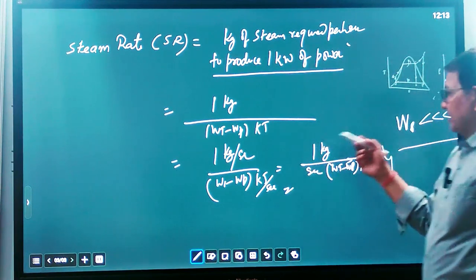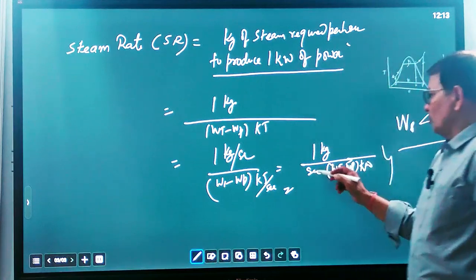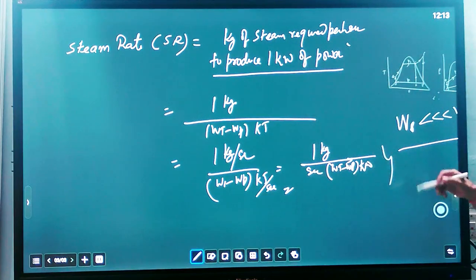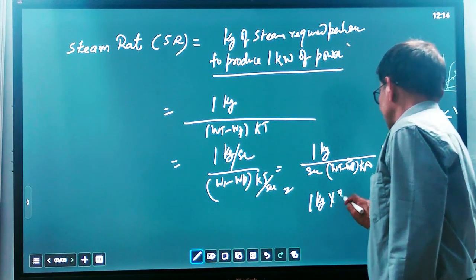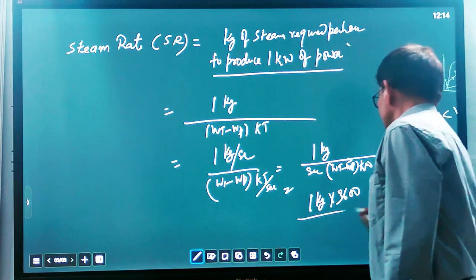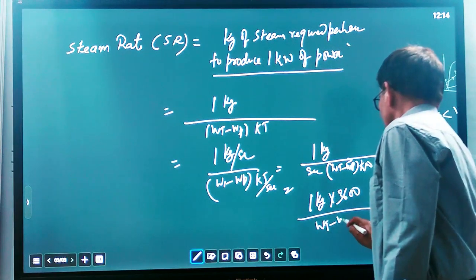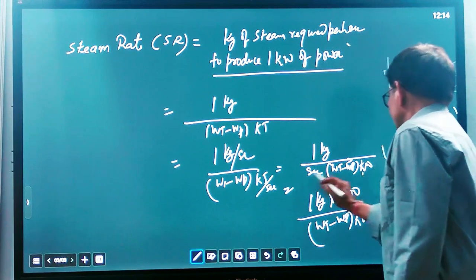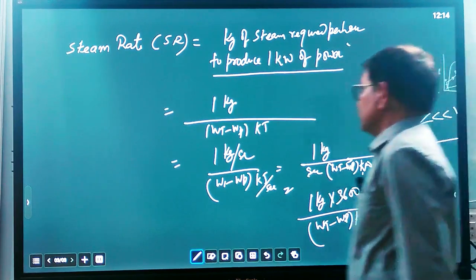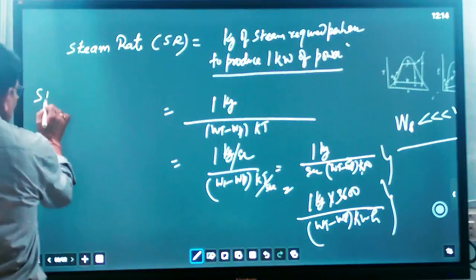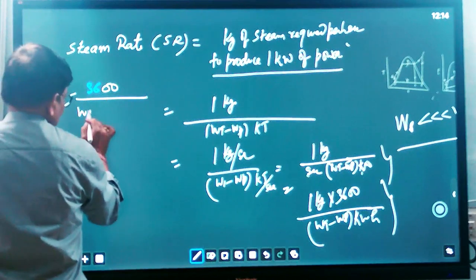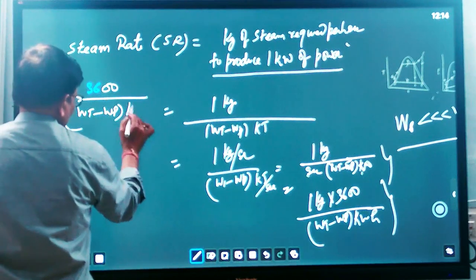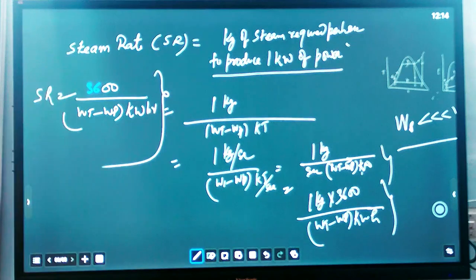Multiply by 3600, because we have to find this value in hours; 1 hour equals 3600 seconds. Here it was kilowatt second, now kilowatt hour. So steam rate is defined as 3600 upon WT minus WP kilowatt hour. You can use this equation for finding the steam rate.